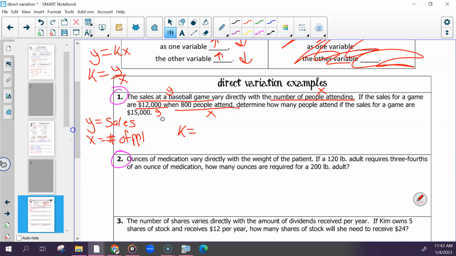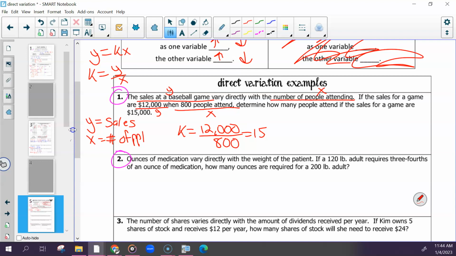So if we do our Y over X, that would be 12,000 over 800. Someone do that. Tell me what you get. 15. And because our K here kind of represents slope, we can really write this as whatever Y was over whatever X was.